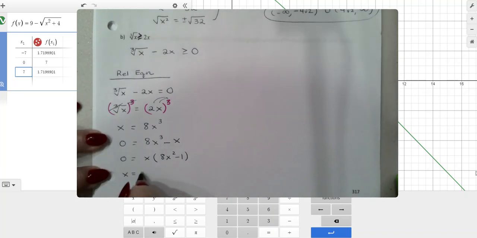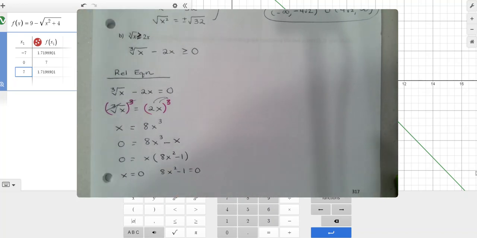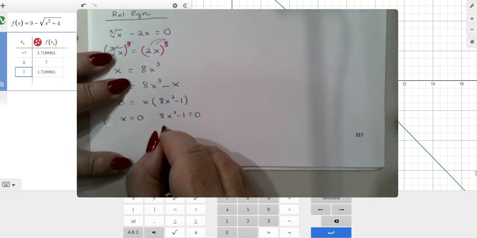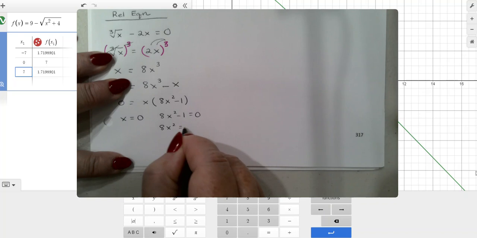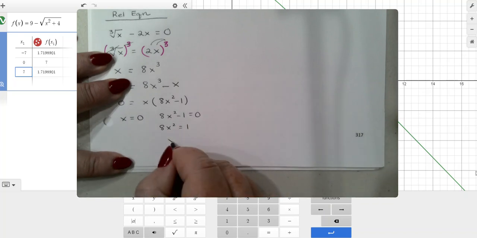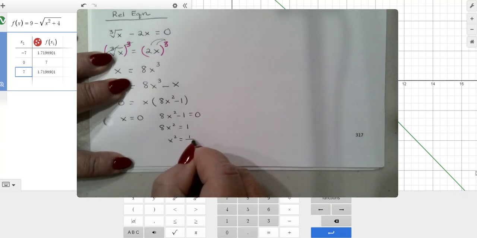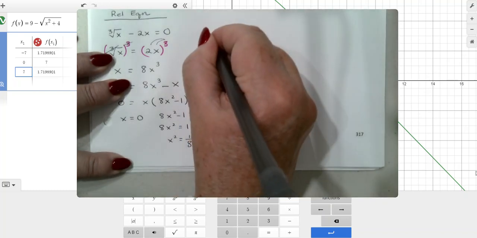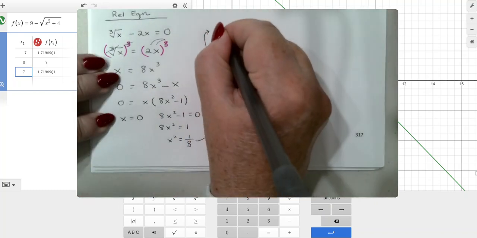So I get x equals 0, or I get 8x squared minus 1 equals 0. This one would say 8x squared equals 1. So x squared is 1/8. And just a reminder, I had x equals 0.